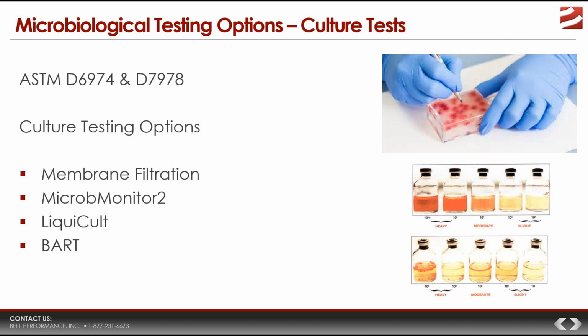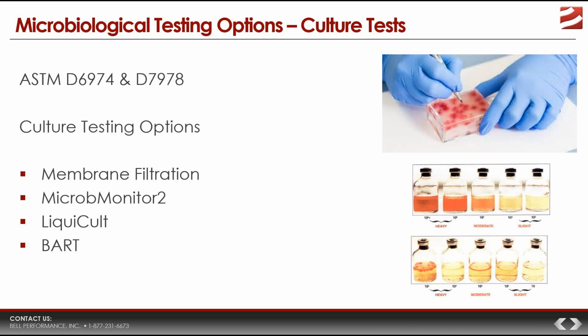The third one, Liquicult. Liquicult, also known as non-selective broth, and there's little glass jars, as you can see on the bottom picture, and they contain a dye, and the dye will turn red in the presence of microbes that produce acid. And so you leave it for X amount of time, and then depending on the color that it is after X number of days, you can estimate the extent of microbial presence from your sample.